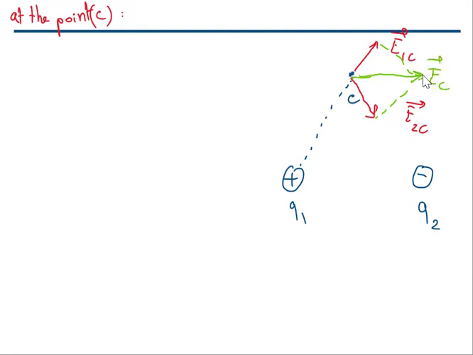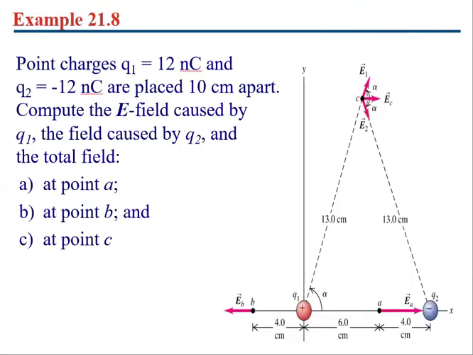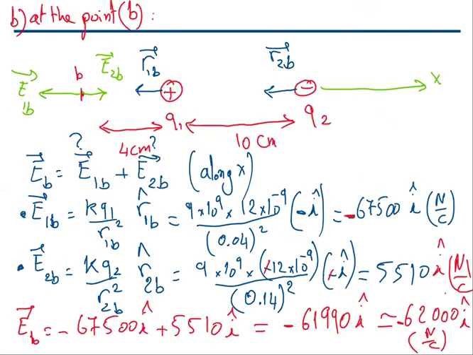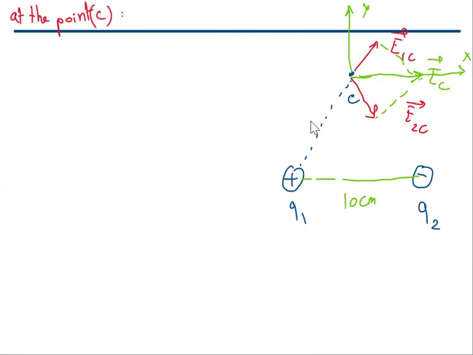So this is the x-axis, and this is the y-axis. Now we have components. As we know, this distance is 10 centimeters. This distance is 13 centimeters, and the same for here, it's also 13 centimeters.